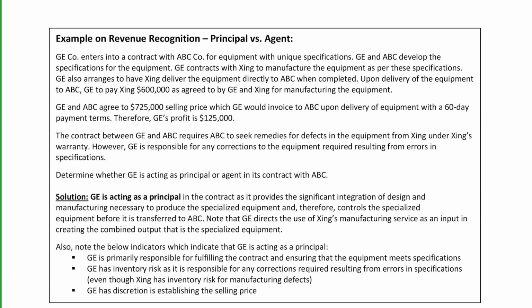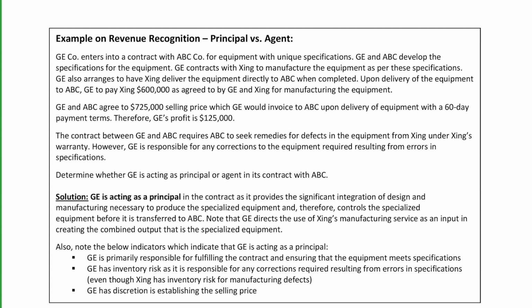GE also arranges to have Xing deliver the equipment directly to ABC when completed. Upon delivery of the equipment to ABC, GE is to pay Xing $600,000 as agreed to by GE and Xing for manufacturing the equipment.